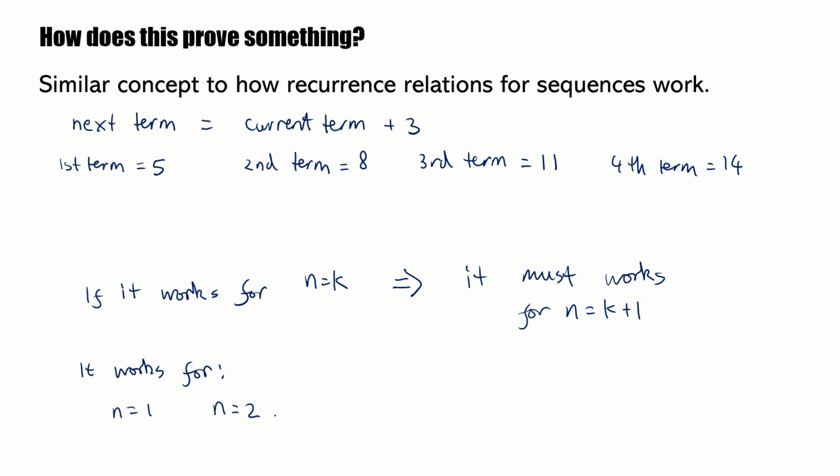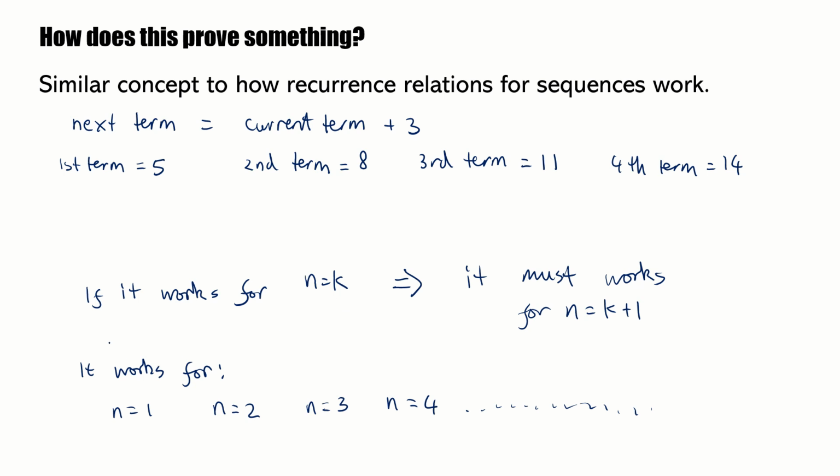Then, by the inductive step, if it works for n equals 2, it must work for n equals 3. And then, if it works for n equals 3, it must work for n equals 4. You can probably see that we've had that snowballing effect, where it must work for every single integer value after n equals 1. And so, therefore, you've proven it. Okay, so that's the general idea.